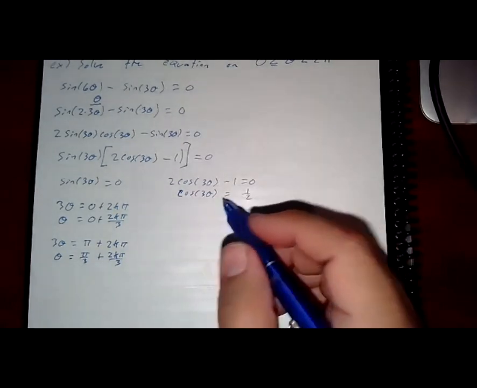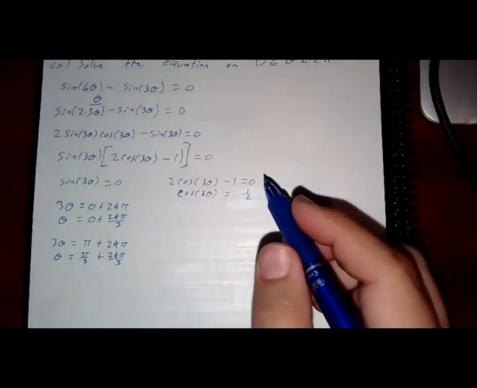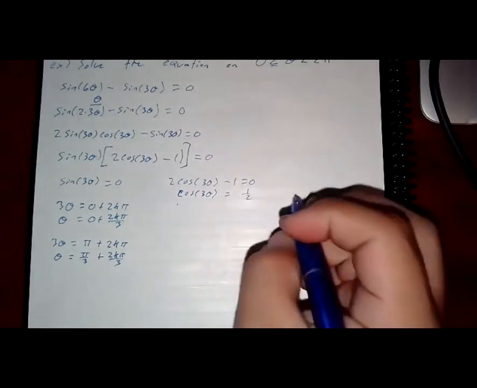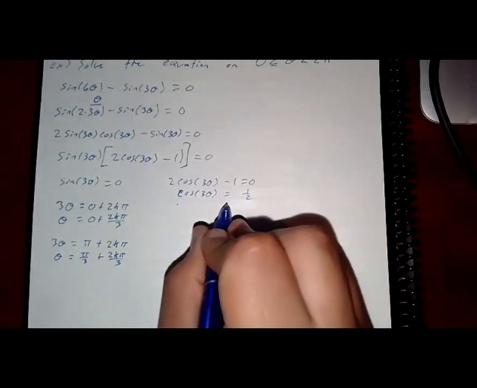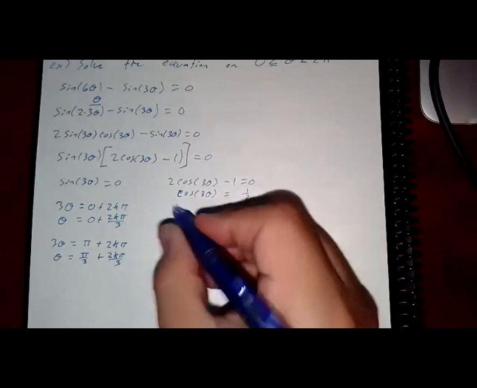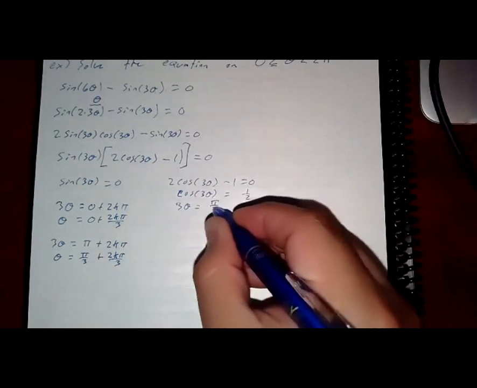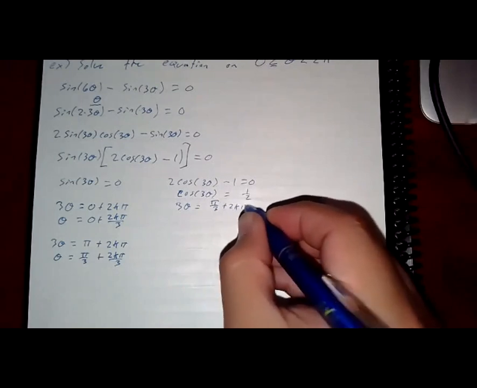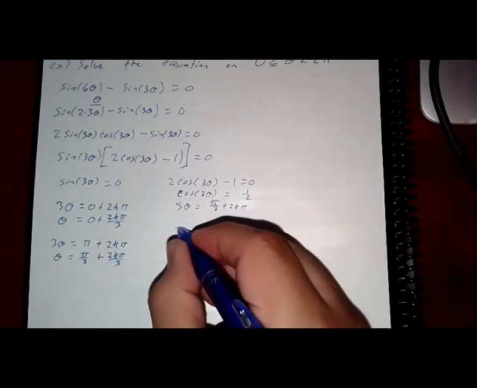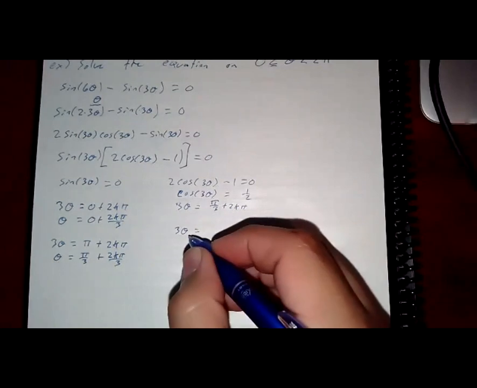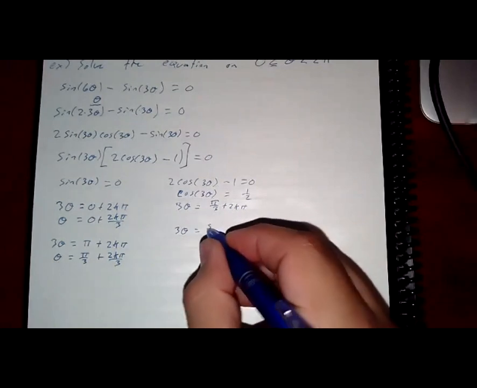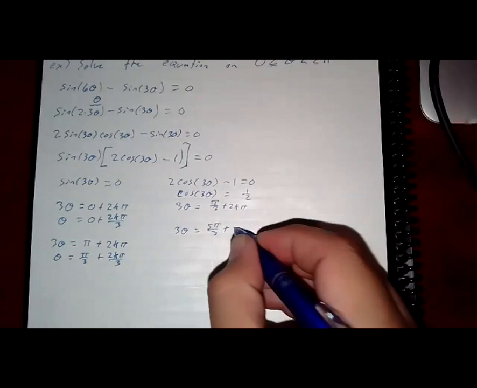Let's do the same deal over here. When is cosine equal to 1/2? Well, that happens when the angle is equal to pi thirds plus 2k pi. And that also happens when it's equal to 5 pi thirds plus 2k pi.